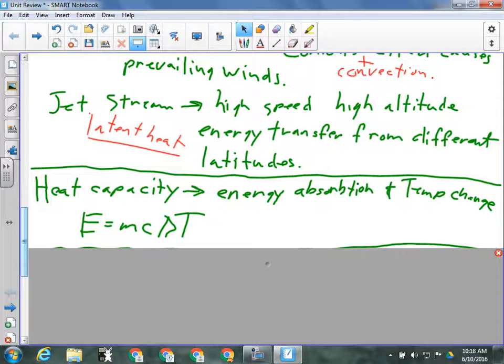Okay, heat capacity, expect an E equals mc delta T problem, as well as a few multiple choice questions.